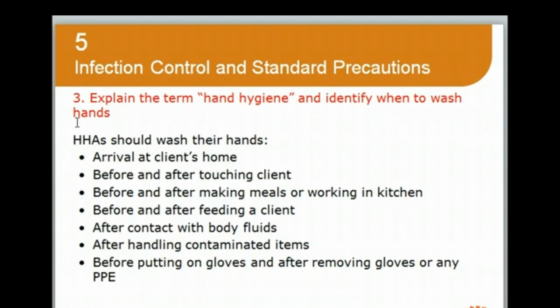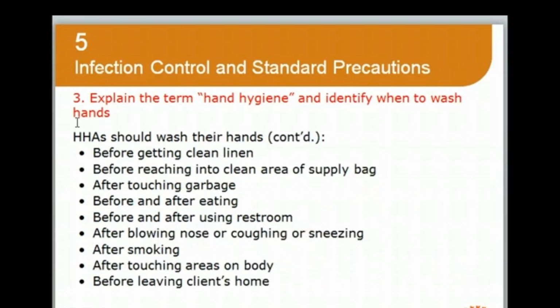Again, lots of examples in this chapter of when a home health aide or personal care attendant should wash their hands. Once you arrive at the client's home, before you touch the client, before and after making meals, before and after feeding, before and after contact with body fluids, all these types of things. Before you put on gloves and after you remove your gloves, we're just trying to interrupt that chain of transmission, either from the patient to you or from you to the patient.